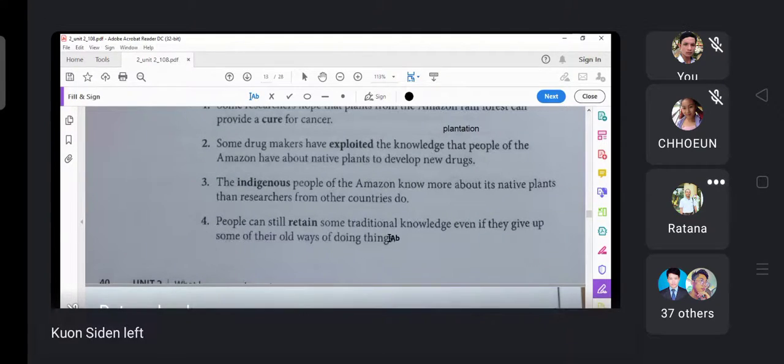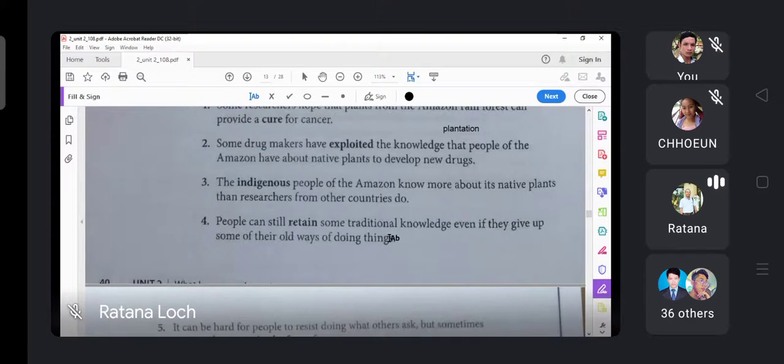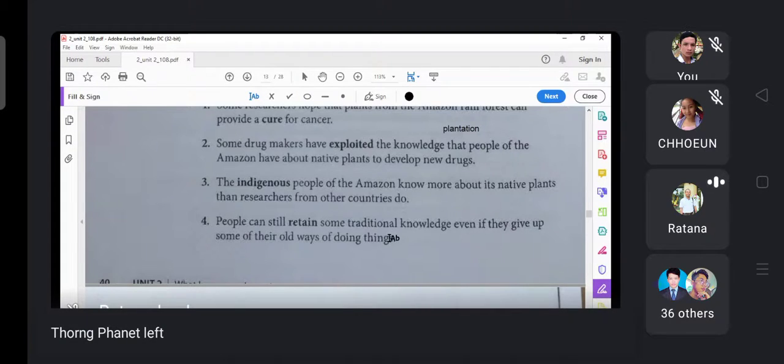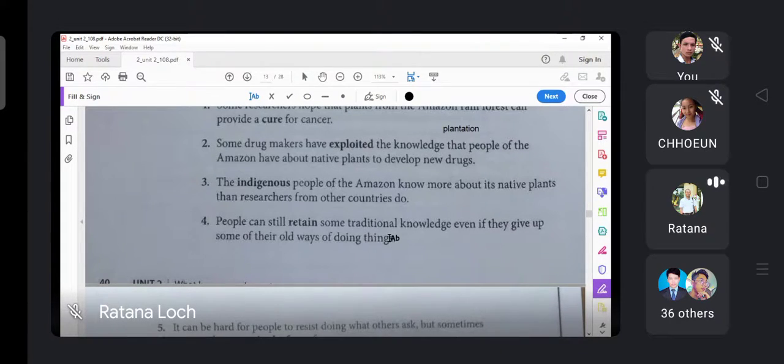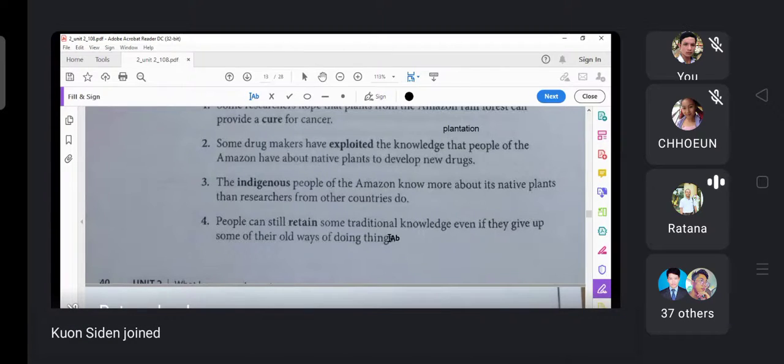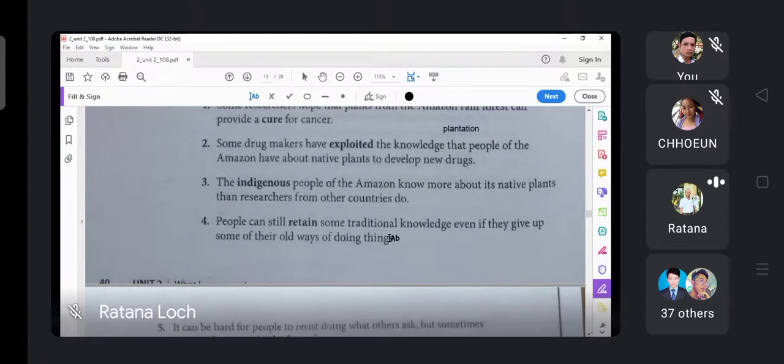The context of the culture plays an important role in translation. Okay, exploited here means destroy, but destroy is strong, you know. It means destroy or damage or harm. You know the word harm, right? Exploit: you can see some drug makers have exploited knowledge that people of their medicine have about the native plant to develop new drugs.